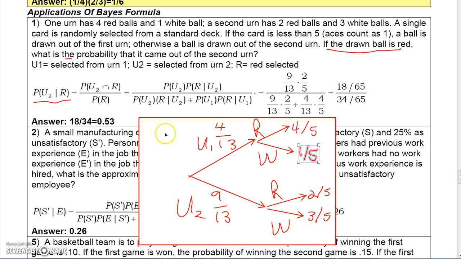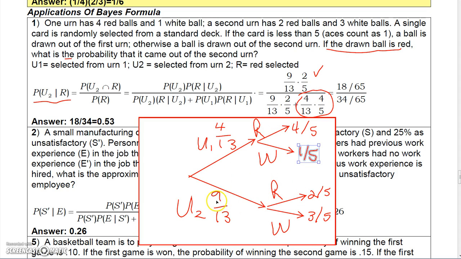So to find the probability of urn 2 given red, you multiply the urn 2 branch times the red branch, so 9/13 times 2/5. Then you find all paths to red, so you take 4/13 times 4/5, and it doesn't matter if you put it first or last.